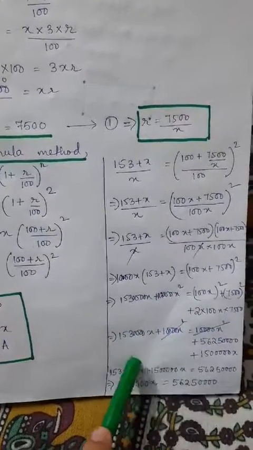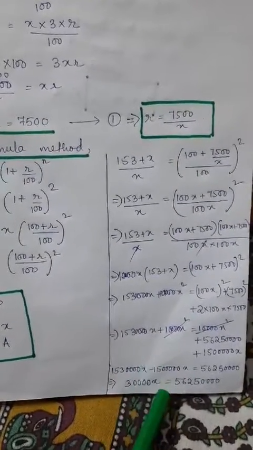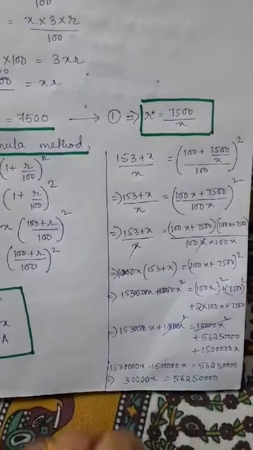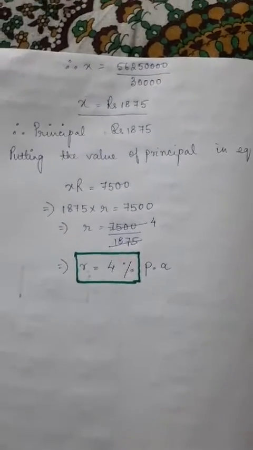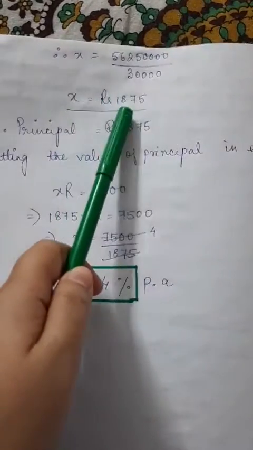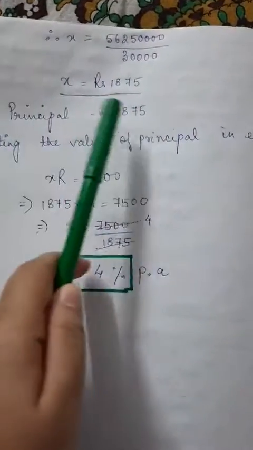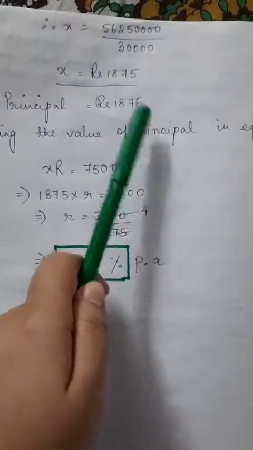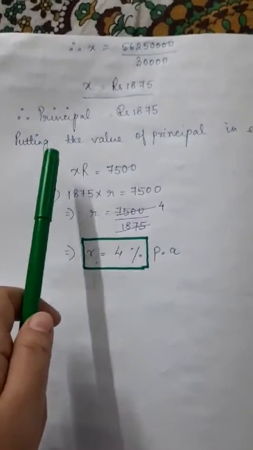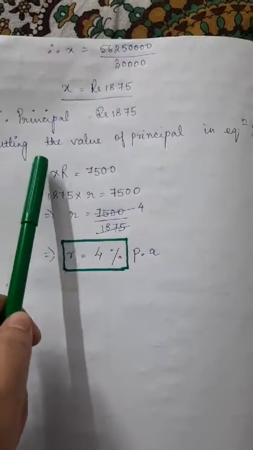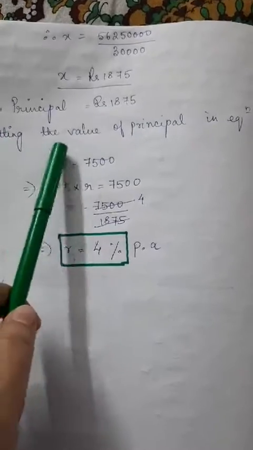So by cancelling this and bringing this to the other side of the equation, if I bring the same variables to the other side of the equation, I can easily find out the value of x. The value of x I have found as 1875. So principal I get as 1875. Now after finding out the principal, it becomes easier to find out the rate. Just like the previous sum.